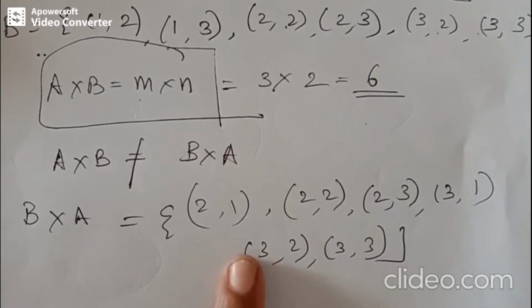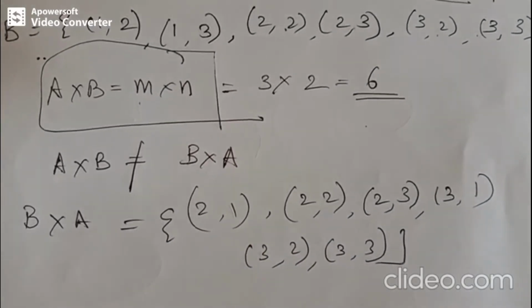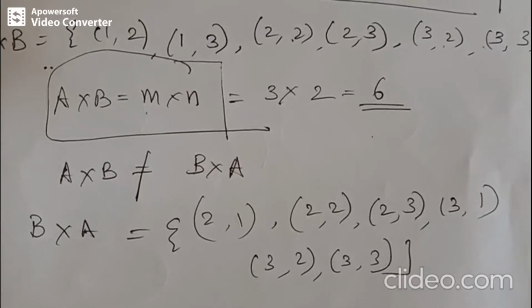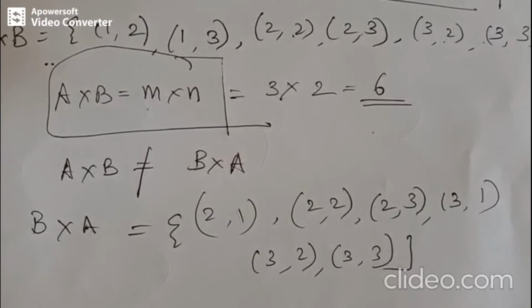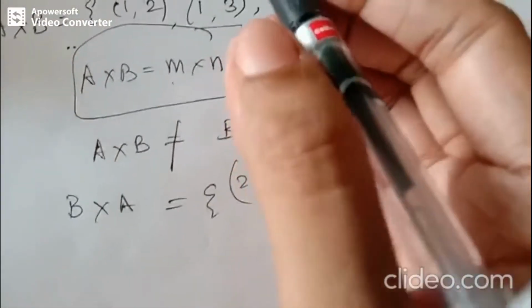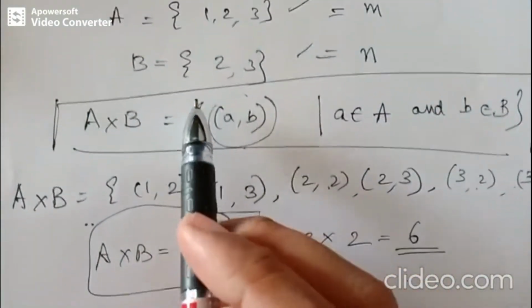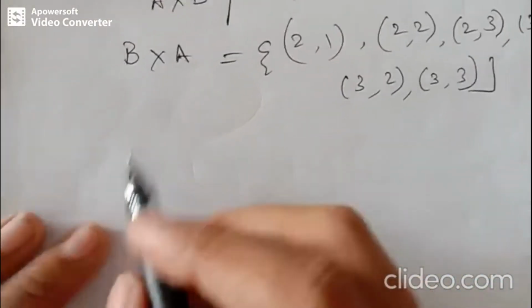You can observe that some elements are common, but the sets are not actually equivalent. So A cross B is not equivalent to B cross A. It may look okay for this particular set of pairs, but if we take different elements it is different.